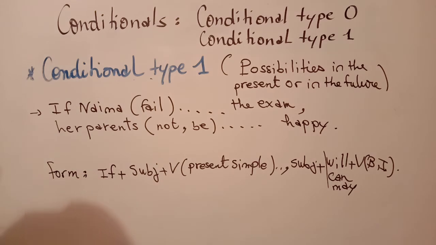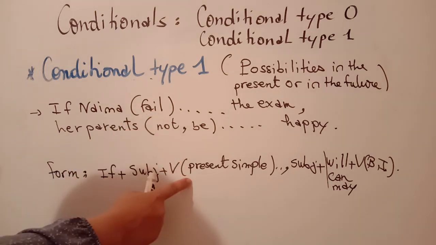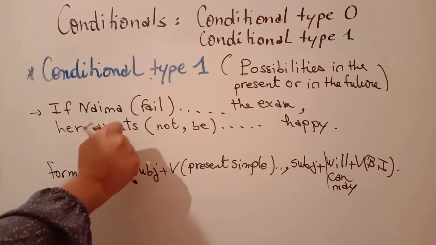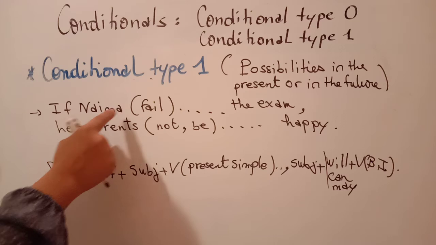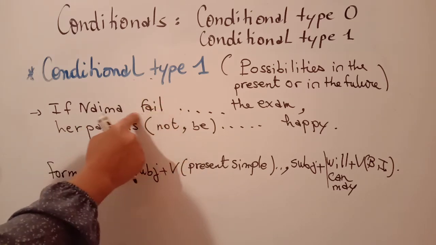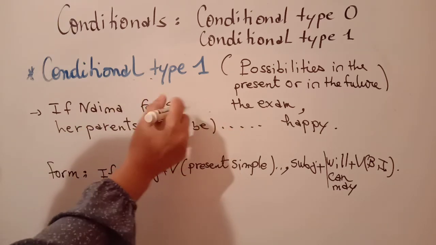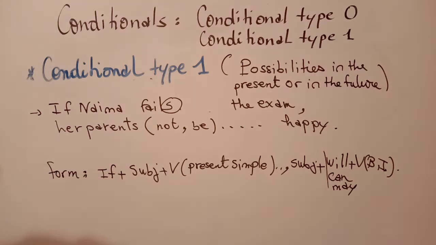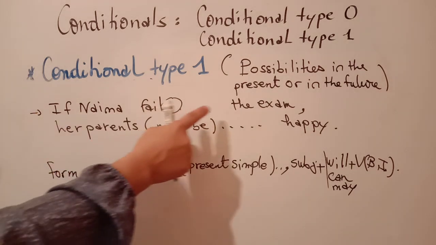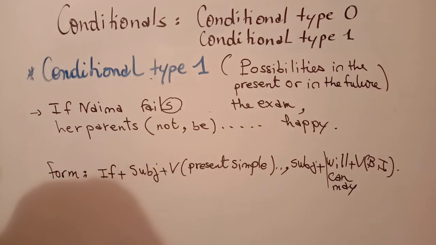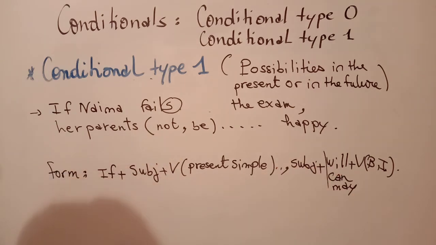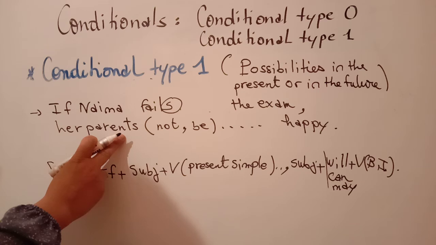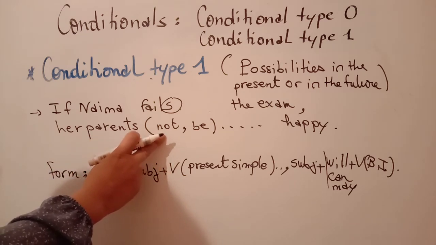Okay, so if we apply the form in the if clause, you have verb present simple. So what is the form of fail in this sentence? If Naima, if she fails, of course, we need the S of the present. If Naima fails the exam, comma, now the main clause, subject plus will plus verb infinitive, her parents, but here you notice that we have not.